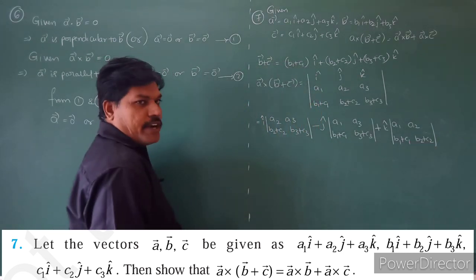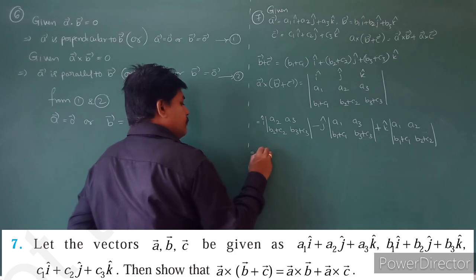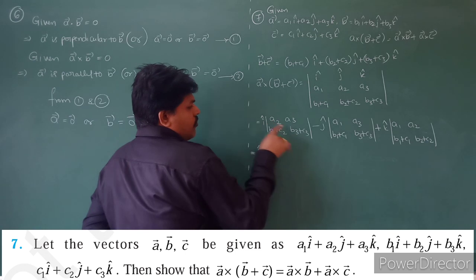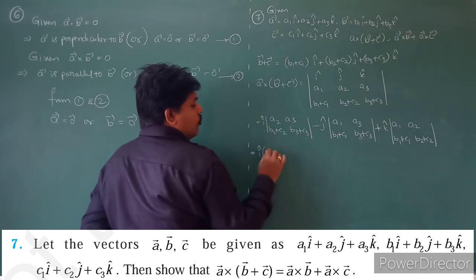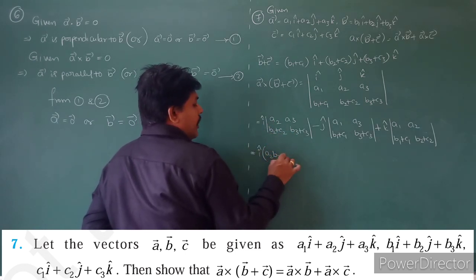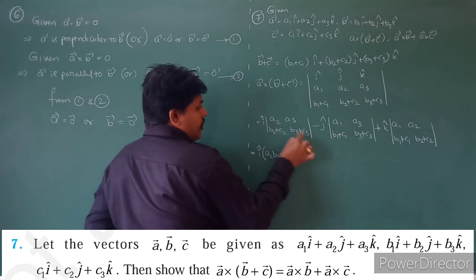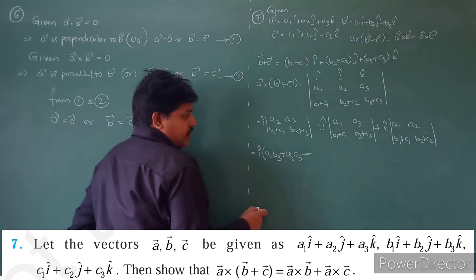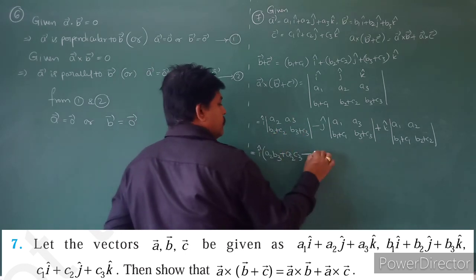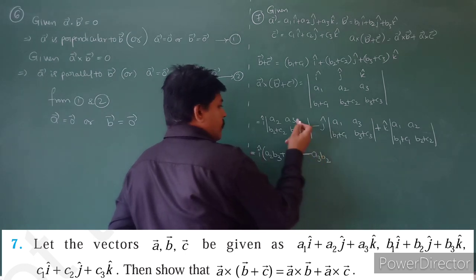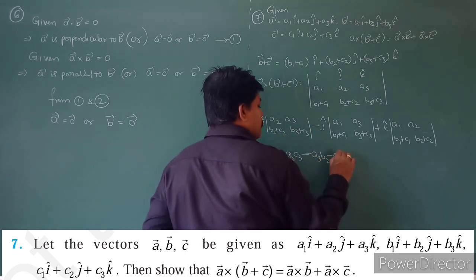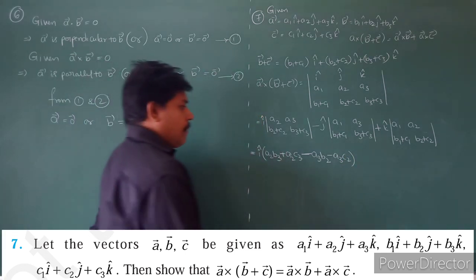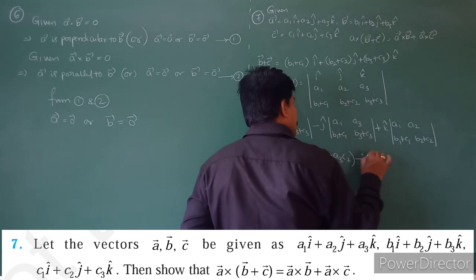So expand the determinant value. That is equal to I cap into, multiplying the terms, A2 B3 plus A2 C3 minus A3 B2 minus A3 C2.